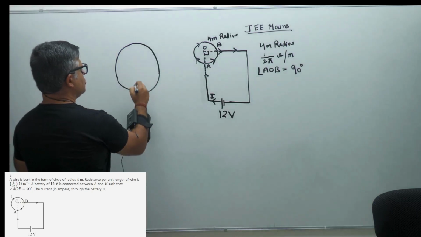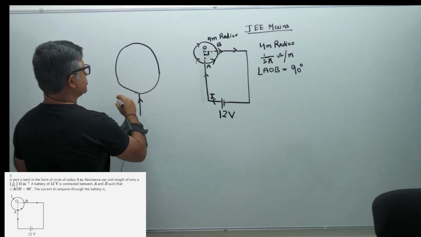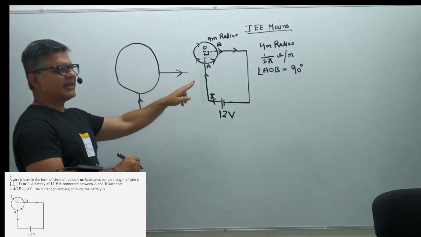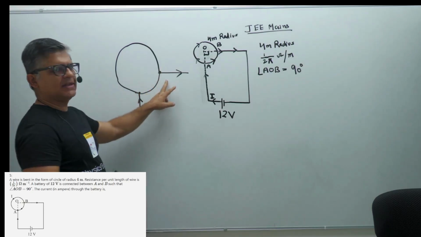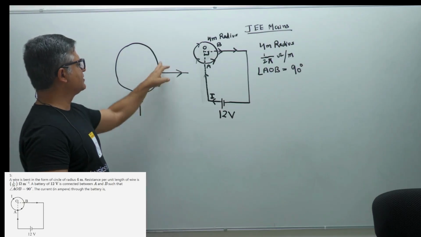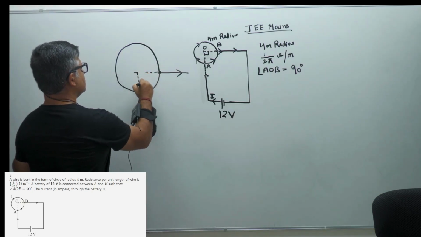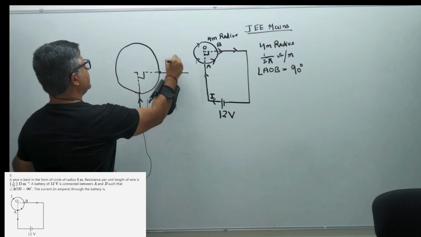You have a situation like this, and the current enters at this node and exits at another node, with one branch and the second branch. And this is your 90 degree angle.